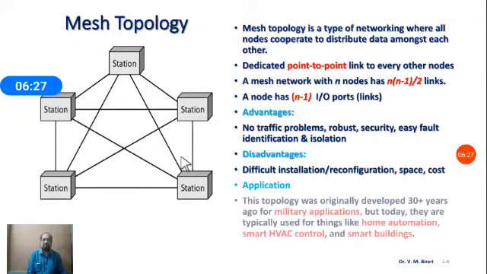Where is it applicable? This topology was originally developed 30 years ago for military applications, but today it is typically used for things like home automation, smart HVAC control and smart buildings. The mesh topology is preferable there.